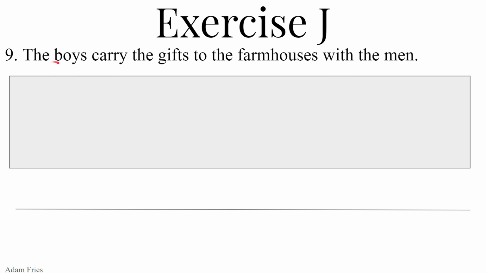And we're doing all this, the boys are carrying the gifts with some men, with the men. So with is going to be the preposition cum that takes the ablative of accompaniment. So we want the ablative of vir, viri, masculine. We want it to be plural. So vir, viri, viro, virum, viro, viri, virorum, viris, viros, viris, cum viris.